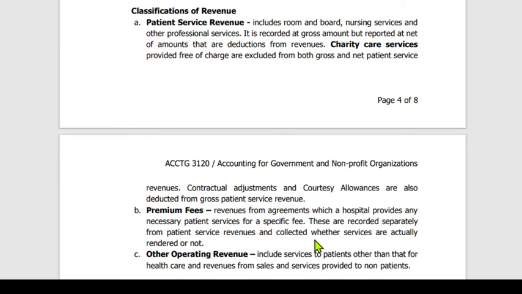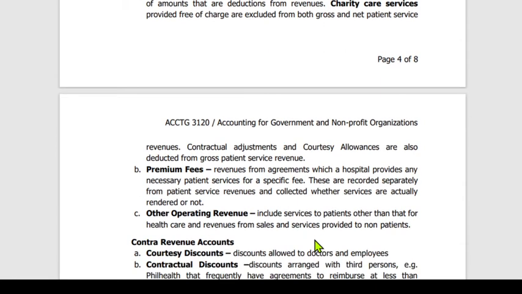So next is yung mga premium fees. Revenues from agreements with the hospital provides any necessary patient services for a specific fee. These are recorded separately from patient service revenues and collected whether services are actually rendered or not.